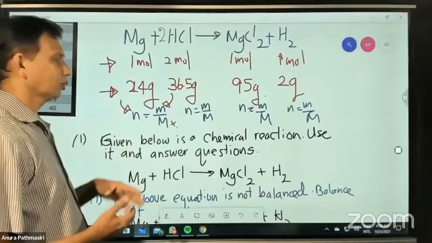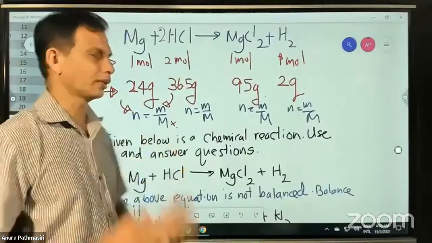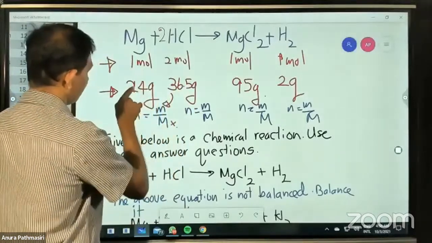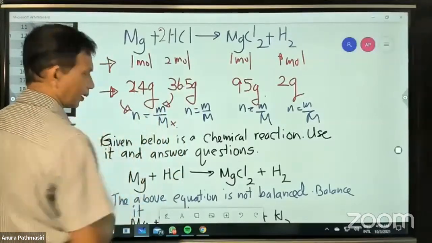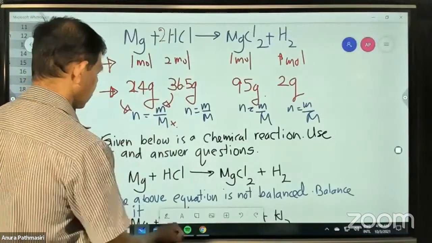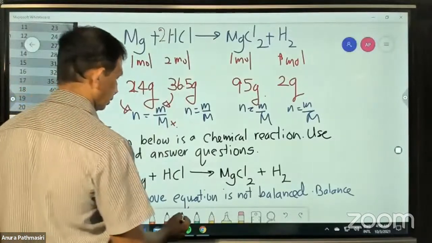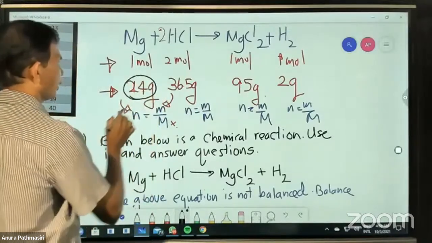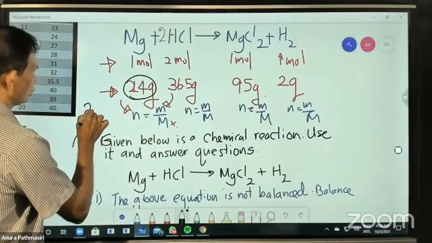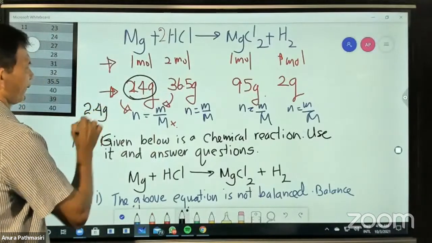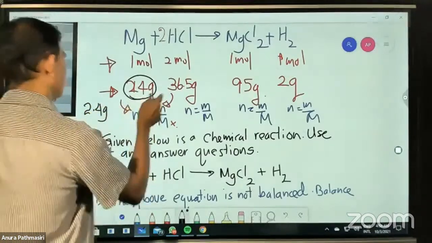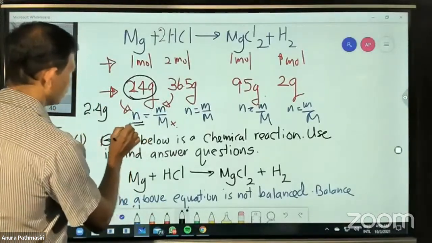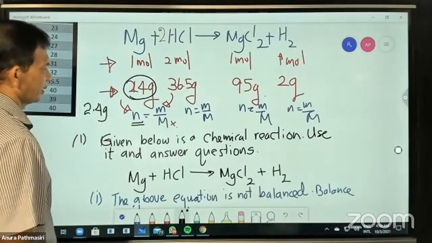Now what I am applying is that: I have not given 24 gram now, instead I made it little smaller. I put 24 gram into 2.4 gram. That means now you have to find out the number of moles.